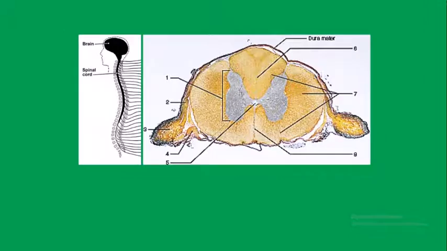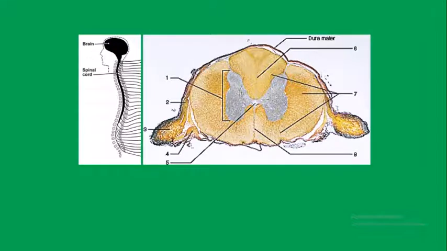Next we move on to the spinal cord, which is a long cylinder-like structure arising from the medulla oblongata, and it is actually an extension of the medulla oblongata. It is made up of a thick bundle of nervous tissue, all these nerve cells, and it is protected by the vertebral column.